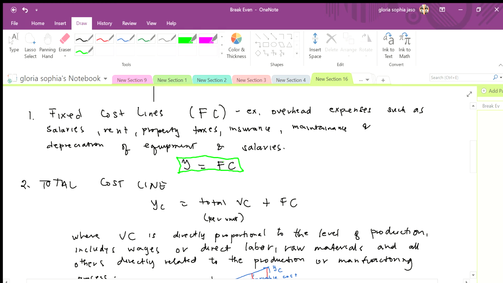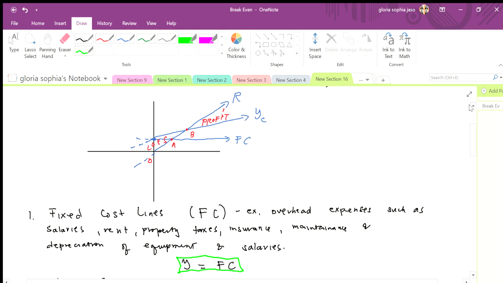So remember, class, that the fixed cost line is parallel to the x-axis. Therefore, the slope is 0, with the y-intercept equal to the fixed cost.